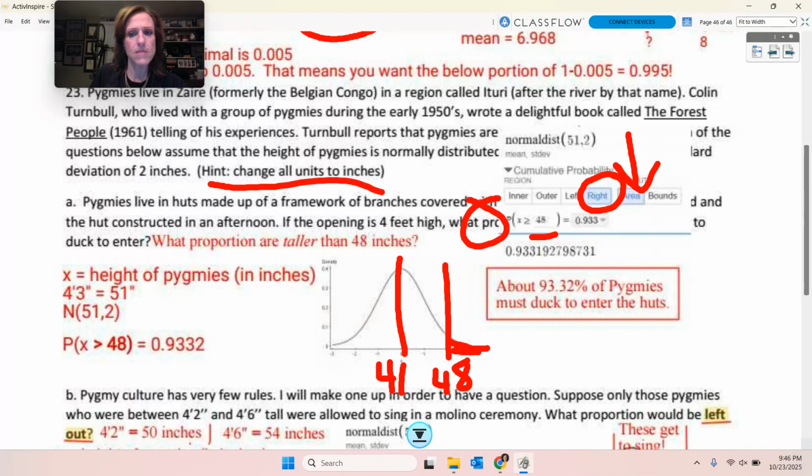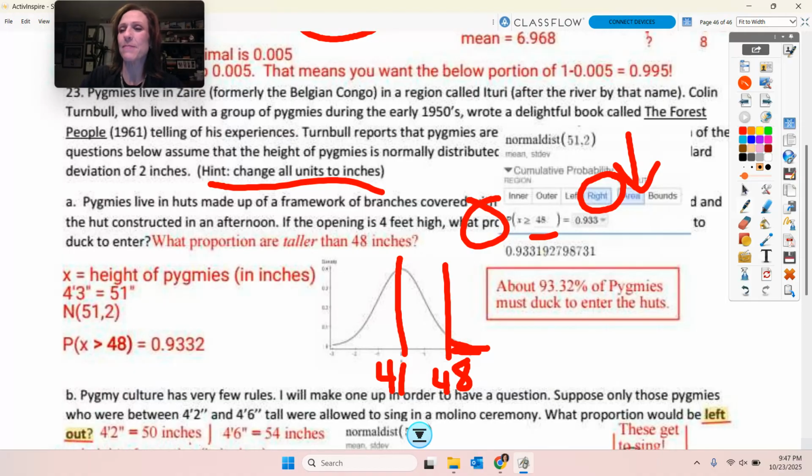Wrong. Let's see. Oh, never mind. Okay, sorry, I did some things wrong here. Let's go back. The mean is 51.